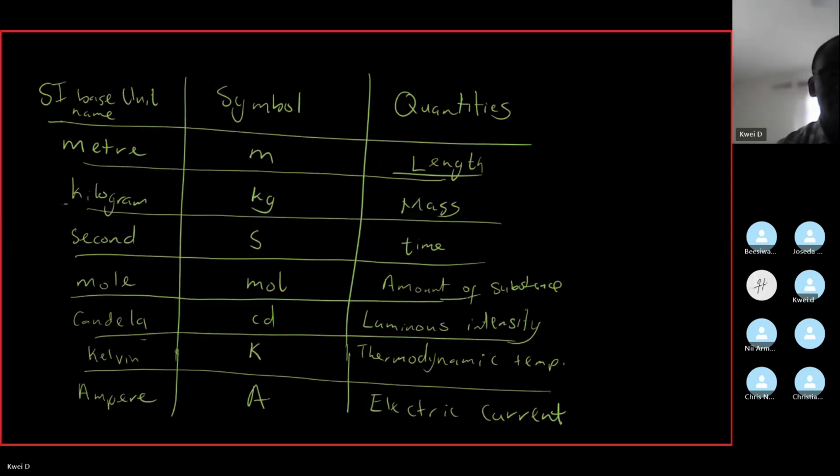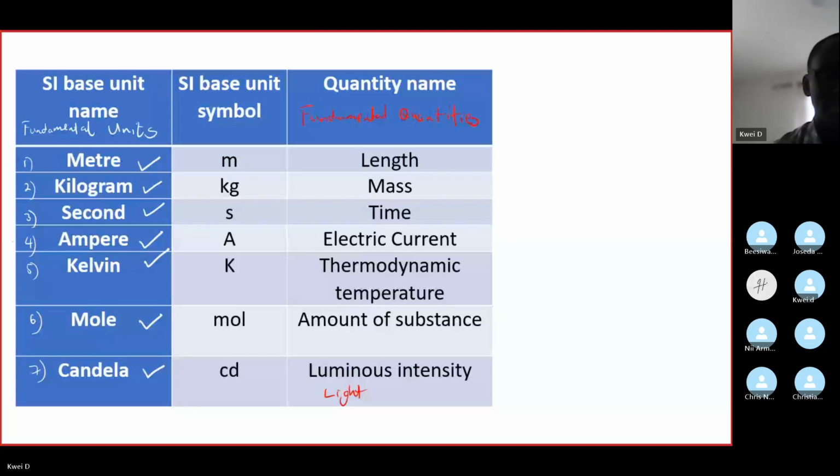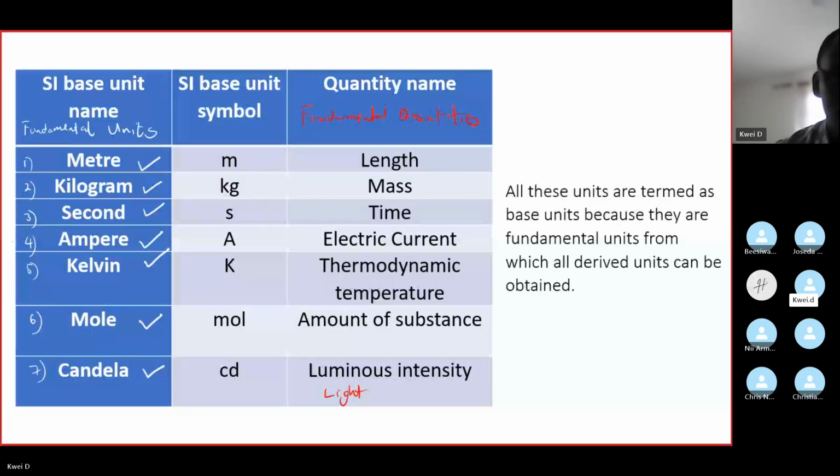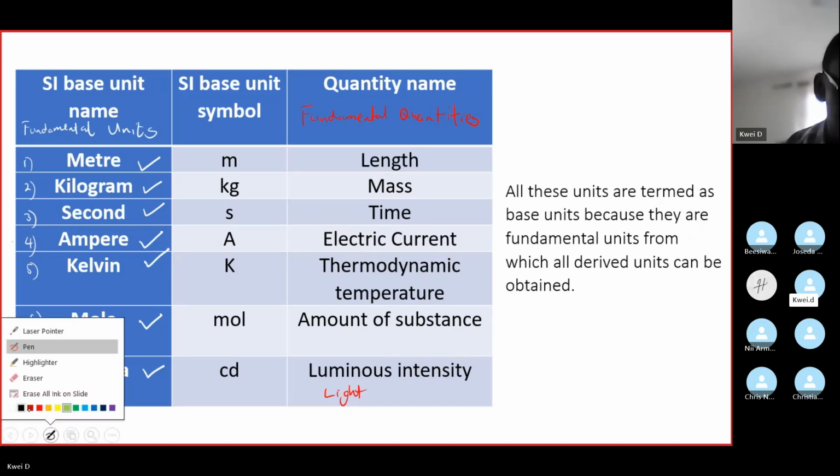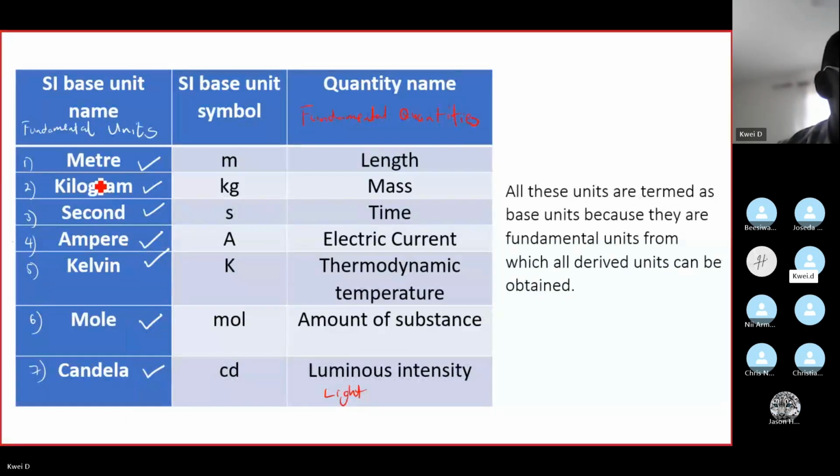So you are following. Now all these units are termed base units because they are fundamental units from which all derived units can be obtained. A combination of two or more of these fundamental units gives us the derived units.